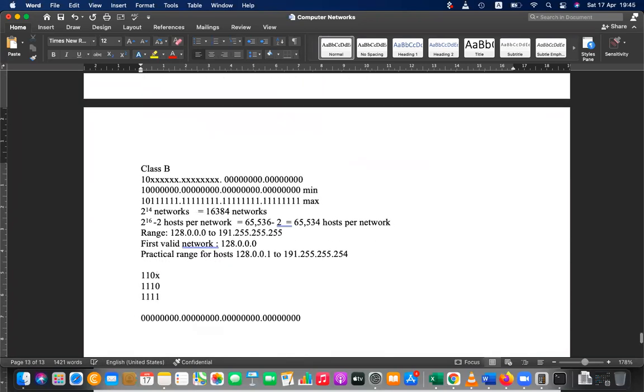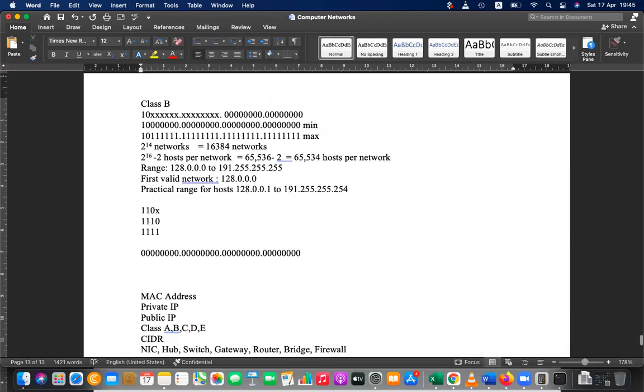We are done with class B. Now class C. Some people have taken the first valid host as 128.1.0.0 by skipping one network; they have skipped the 0th network. Starting from zero is not good, so just put 1 as the first valid network.